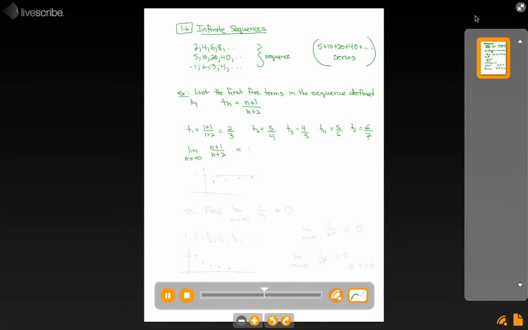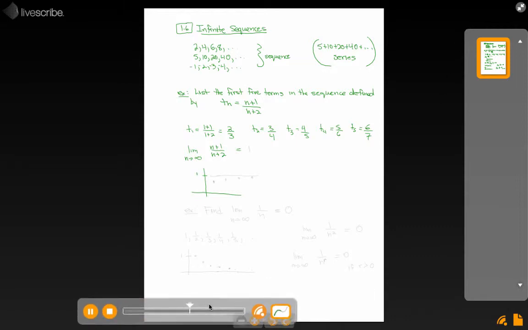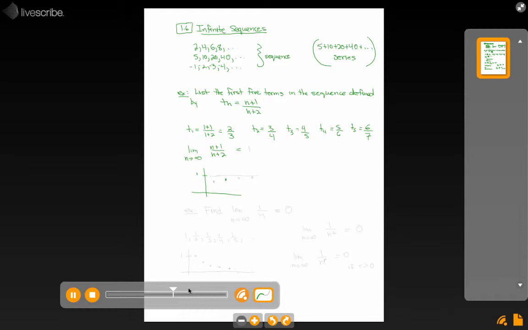If you look at that graphically, if this is 1, I've got 2/3, 3/4, 4/5, 5/6, etc. You're just getting closer and closer and closer to 1.